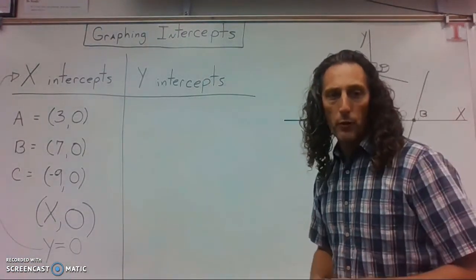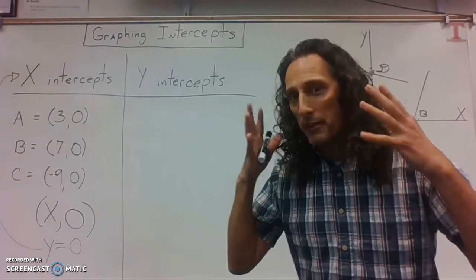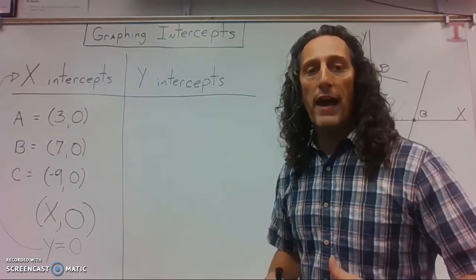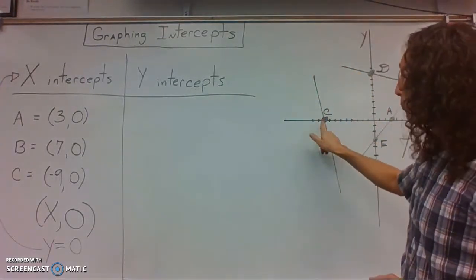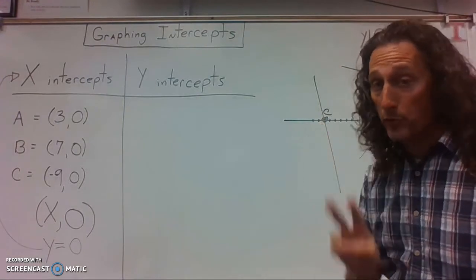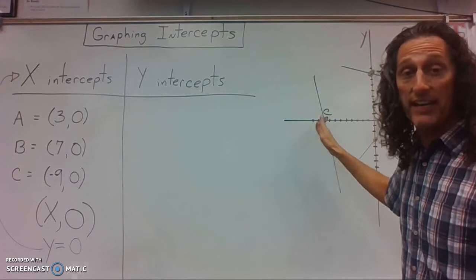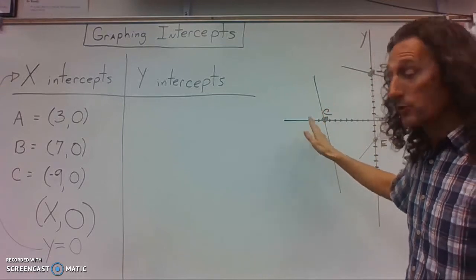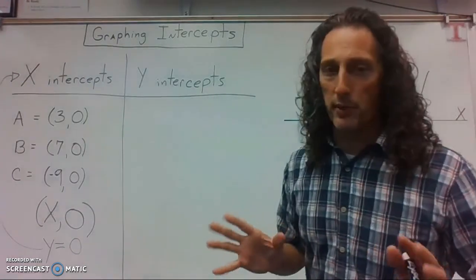That's all an x-intercept is. But you do have to know that when a line crosses over the x-axis, the y number is 0, because remember, there are always two numbers associated with a point. This is not just negative 9. It's (negative 9, 0). So the y value equals 0. And you're going to see why this is so brilliant.